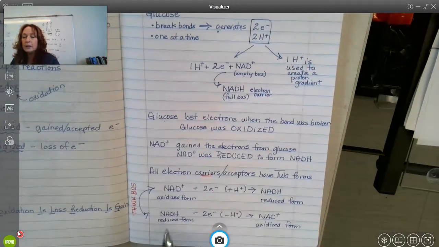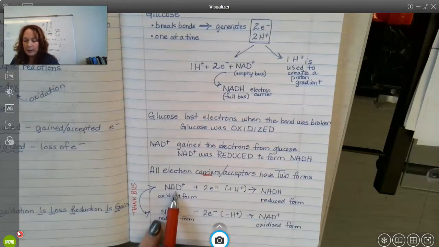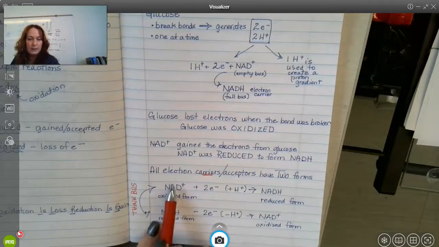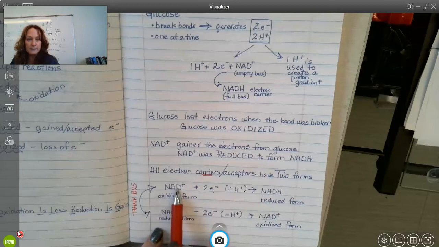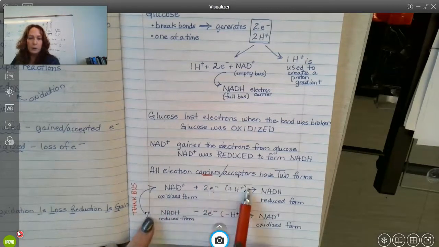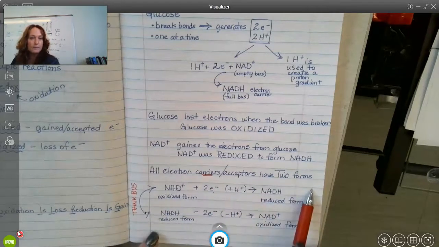We have to really be careful when we think about these two forms, because in this particular case, NAD is missing the electrons. It's given them up somewhere. It's got empty seats. So these are the empty buses that pull up in front of the school. When the electrons get on the bus, kids getting on the big buses, the bus is going to take those electrons somewhere.